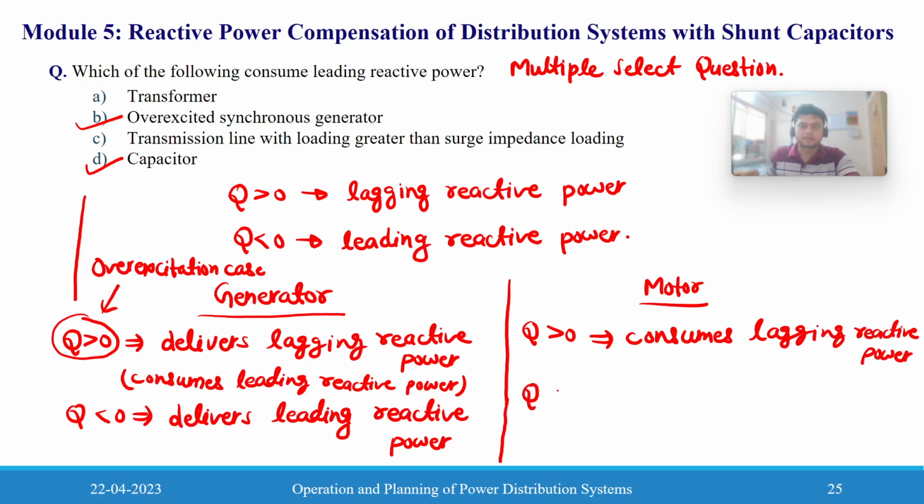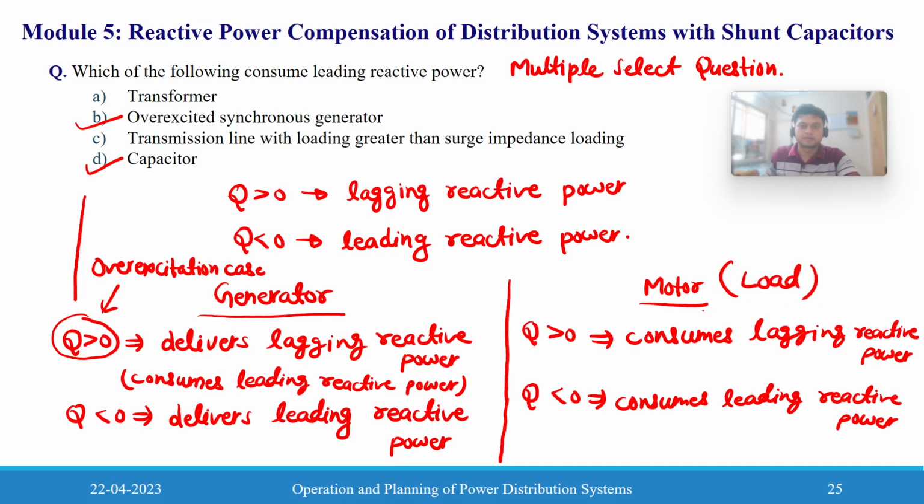And Q less than 0 means consumes leading reactive power. Motor you can also say as load. So consumes leading reactive power means supplies or delivers lagging reactive power.